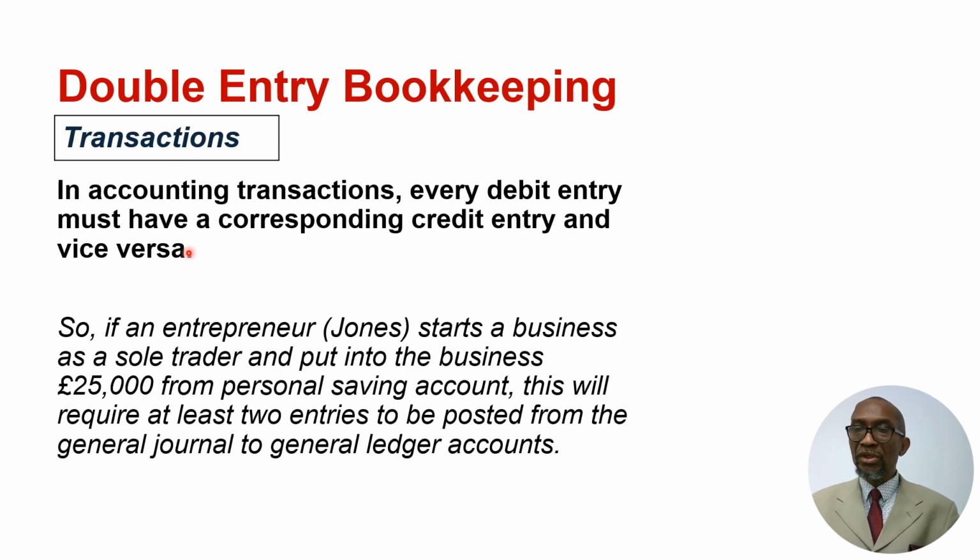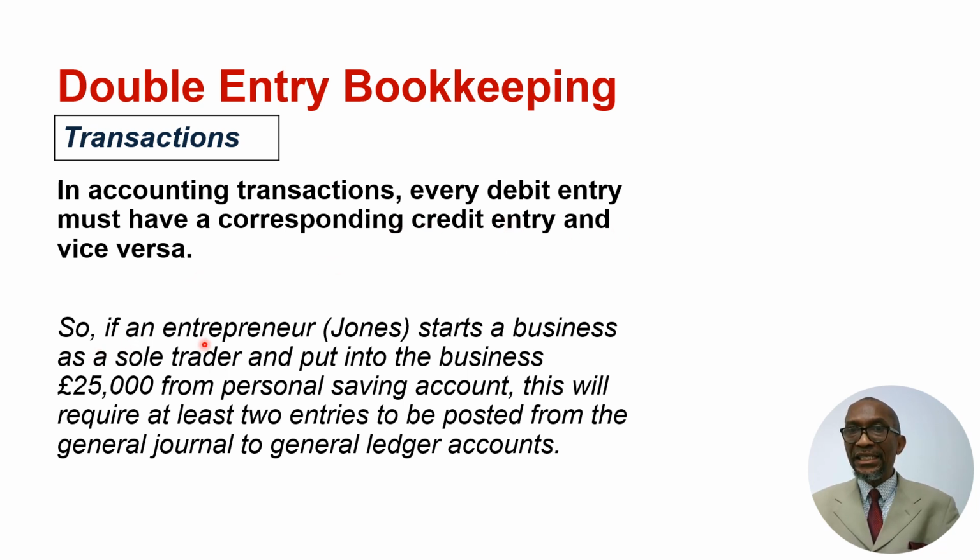Having gone through assets and liability, and then the income statement, which we have condensed to be the value added through operation, transactions have to be recorded. In accounting transactions, every debit entry must have a corresponding credit entry and vice versa.